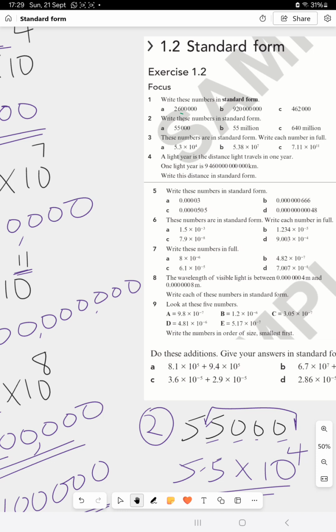Now, we go to question 5. This one is a bit tricky, but again, simple.